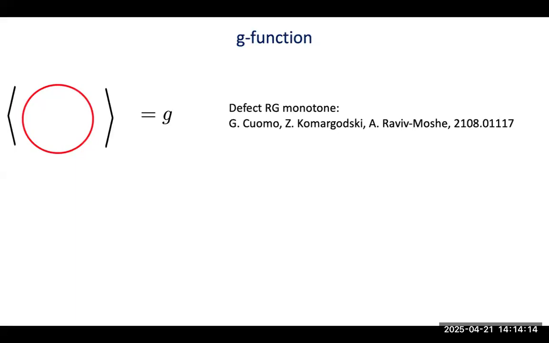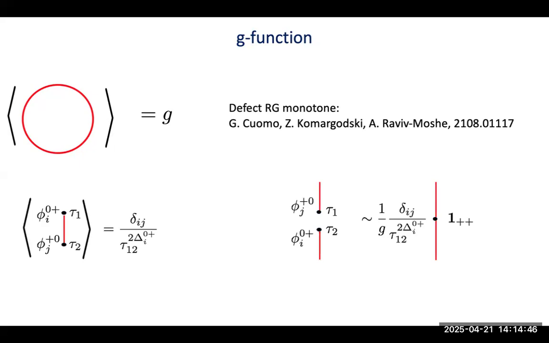Well, there's a generalization of this quantity to line defects in any bulk dimension, where you just consider the partition function of a circle defect in the bulk, and the universal part of this expectation value is the defect g function, which has actually been proven to be a renormalization group monotone, so monotonic under defect renormalization group flows. And we can access this quantity with our bootstrap in the following way.